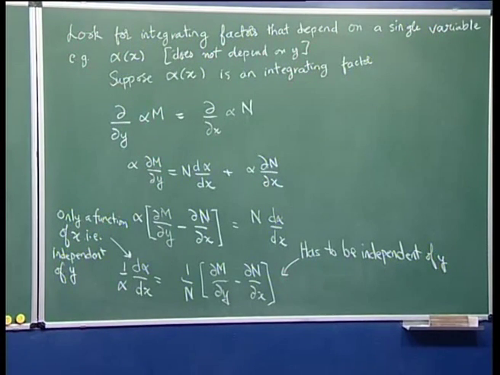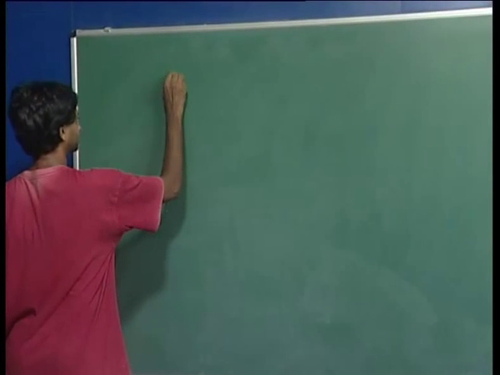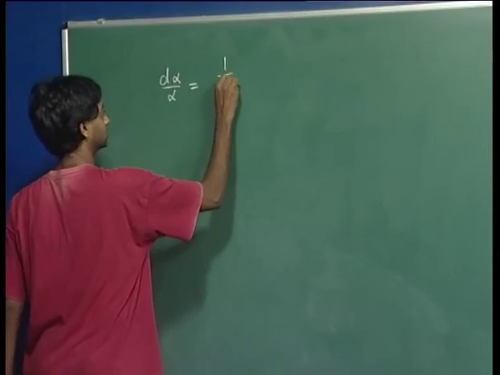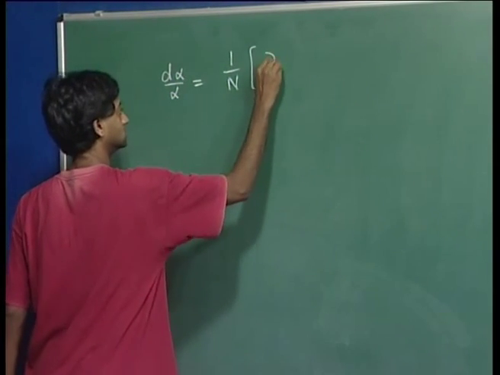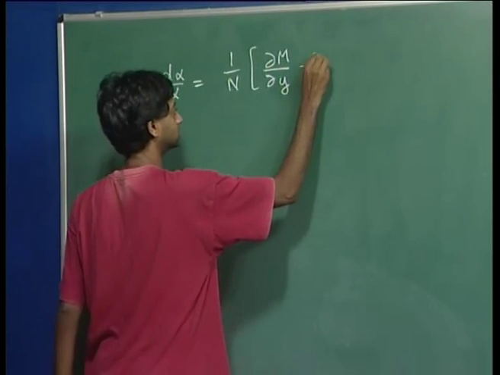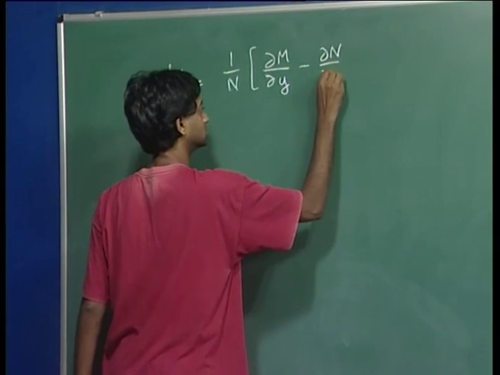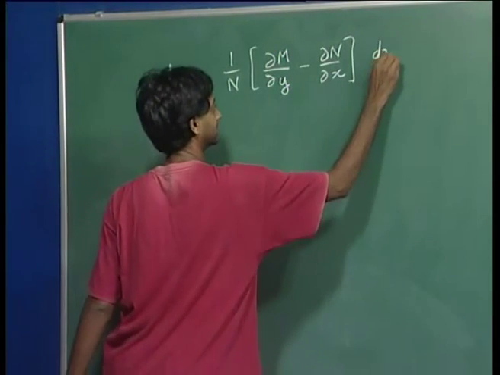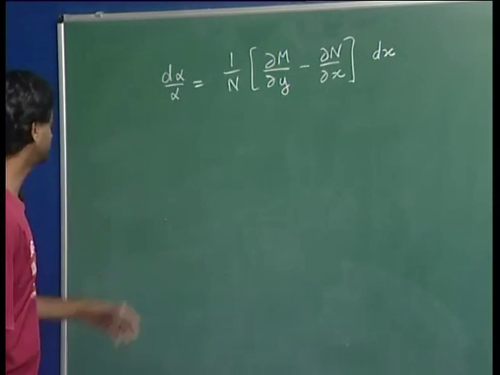Now, if this is a function of x, then we can integrate it out. So, you can say d alpha by alpha is equal to this function of x dx, and you can integrate this out.